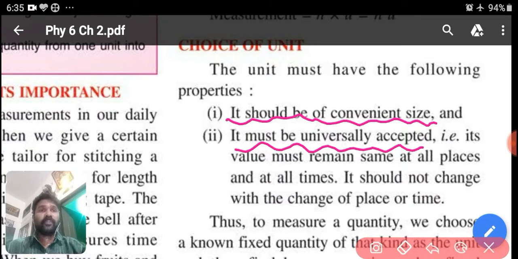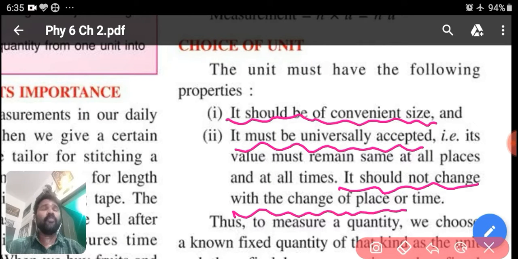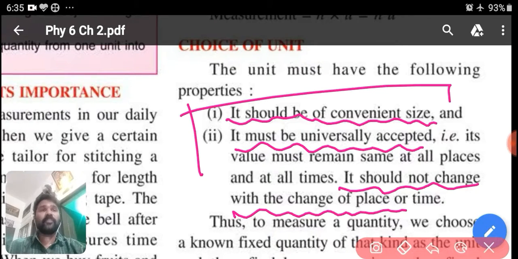It should not change with place or time. The basic measurement should not change, so it must be universally accepted. These two points, please mark and keep.